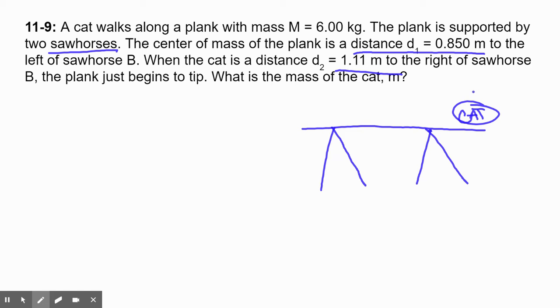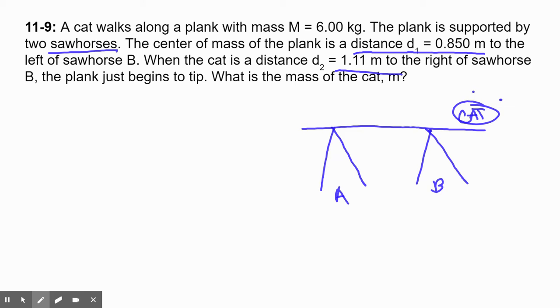I'm just going to label this A and B since I've already drawn my cat over here. We want to know what the mass of the cat is. So we're going to use all of this information to help us find the mass of our cat.